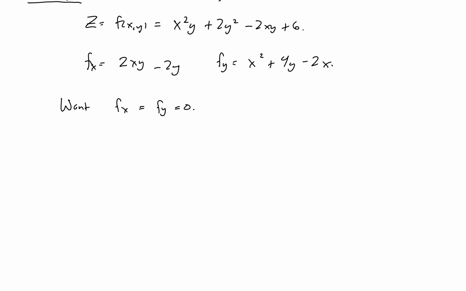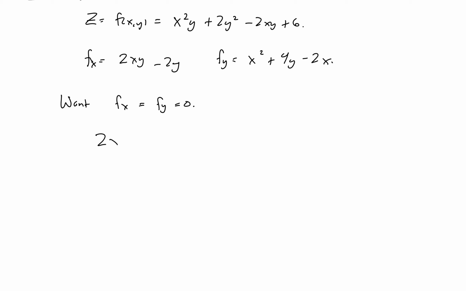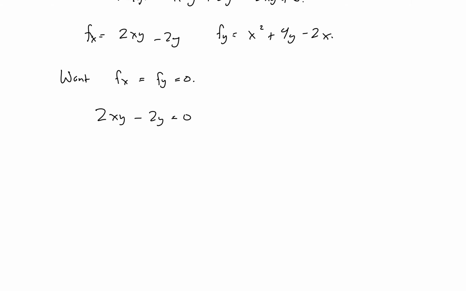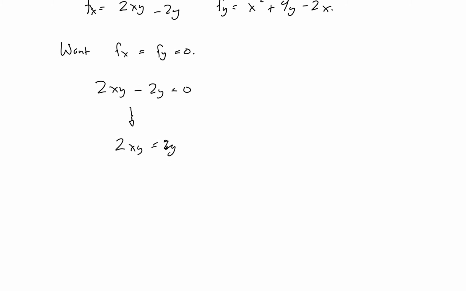So if we look at the first equation, that would tell us we want 2xy minus 2y is equal to 0. So let's work with this. This means 2xy is equal to 2y. So I can cancel the 2's, and this says xy is equal to y.